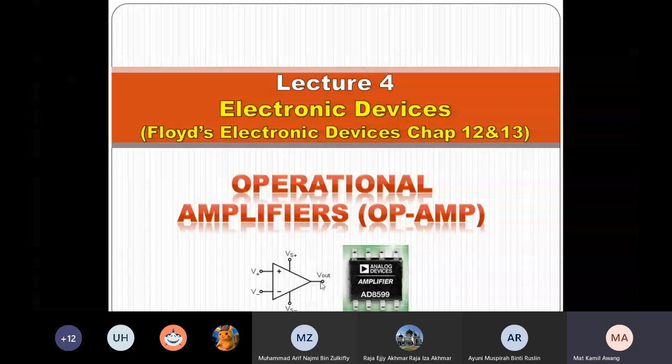So you have two inputs and one output, and Vs plus and Vs minus as the power supply or the biasing for the operational amplifier. And this is the photo of a typical operational amplifier IC, in integrated circuit form with 8 legs, 4 on each side.